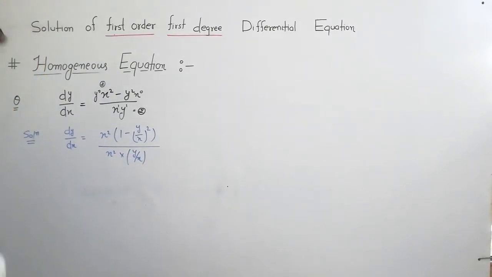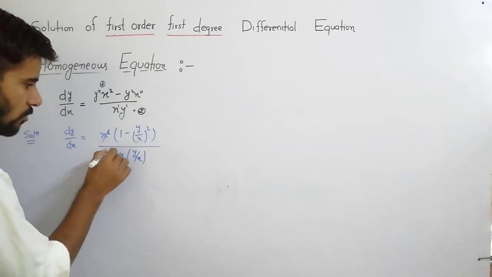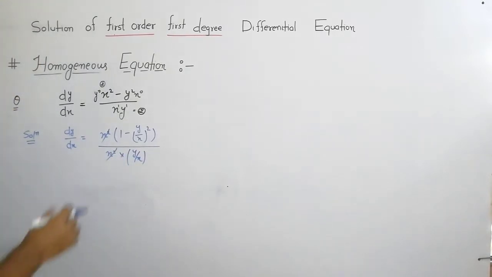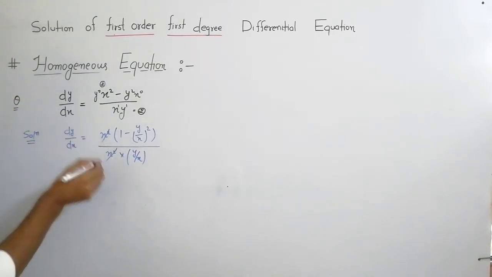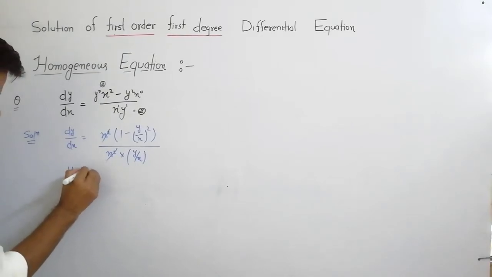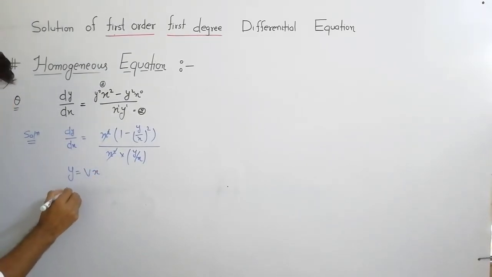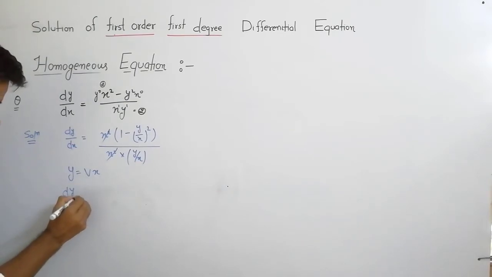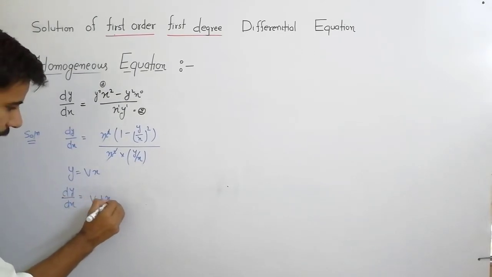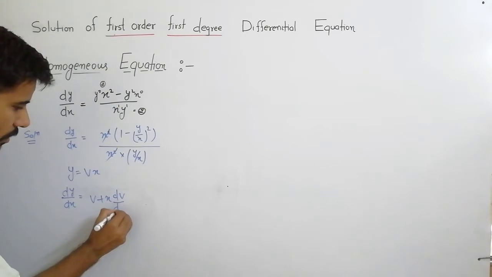Here x square and x square cancel out. Then put y equals v into x, so dy by dx can be written as v plus x dv by dx.